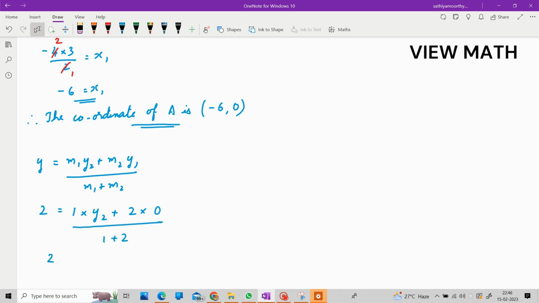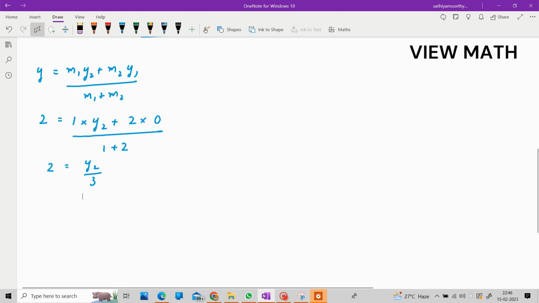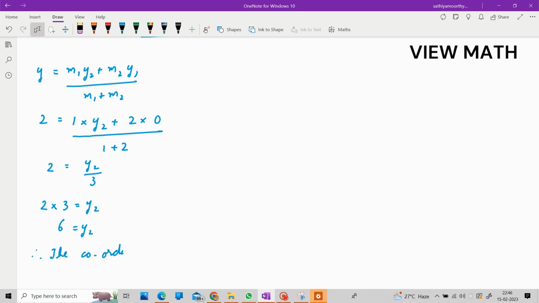So this is 2 equals (y2 plus 2 into 0) by 3, which is y2 by 3. If I bring the 3 to the other side, it becomes 2 into 3 is y2. It is 6 is equal to y2. Therefore the coordinate of B: the x coordinate we know is 0 and the y coordinate we just found out is 6. So the coordinate of B is (0, 6).